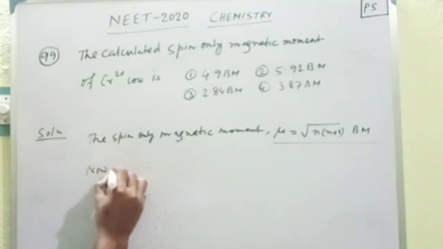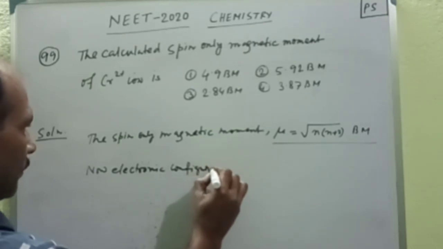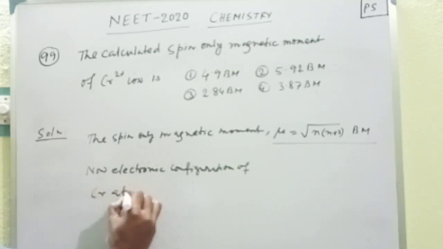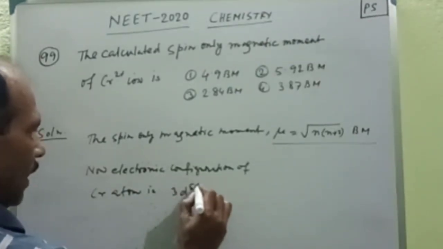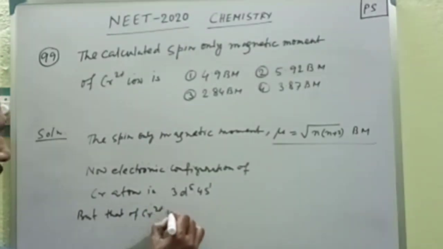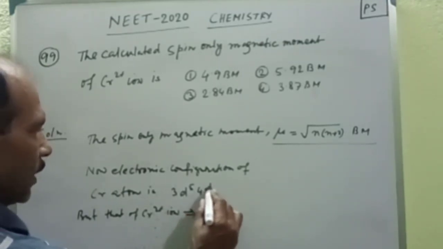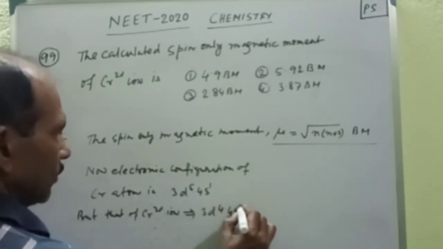Now, the electronic configuration of chromium atom is 3d5 4s1, but that of Cr2 plus ion: two electrons go, one from the 4s electron and one from 3d, giving 3d4 4s0.